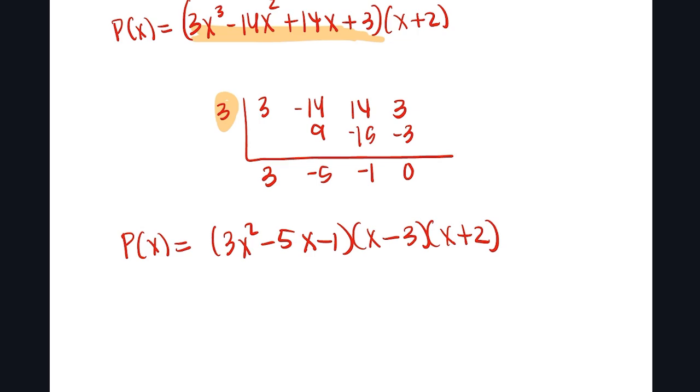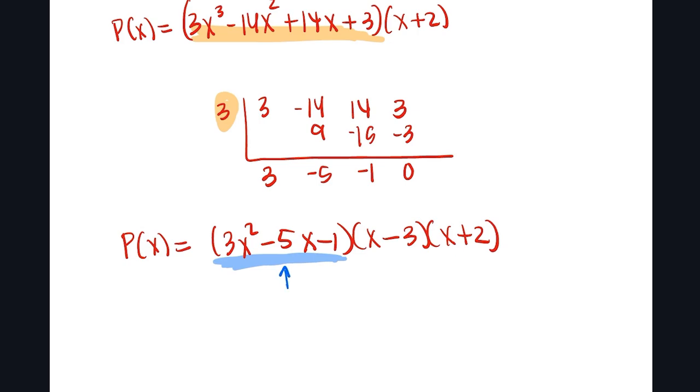And then if I want to finish this, we would look at this quadratic. Once we get down to an x squared, you want to either factor like normal with a quadratic or use the quadratic formula. So at this point, I'm not going to go all the way through to the end of this. But we would want to either factor or use the quadratic formula. It ends up where this doesn't have any rational zeros.